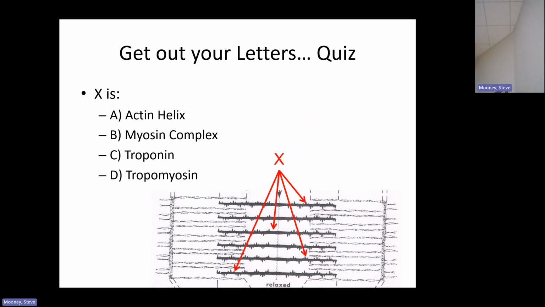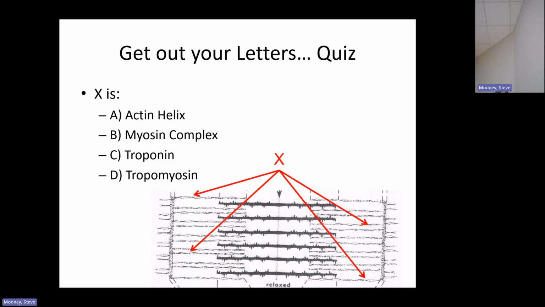Which protein are we dealing with here? The thick filament is made up of what? Actin helix, myosin complex, troponin, or tropomyosin. So we're looking at the thick filaments here. They are the myosin complex.